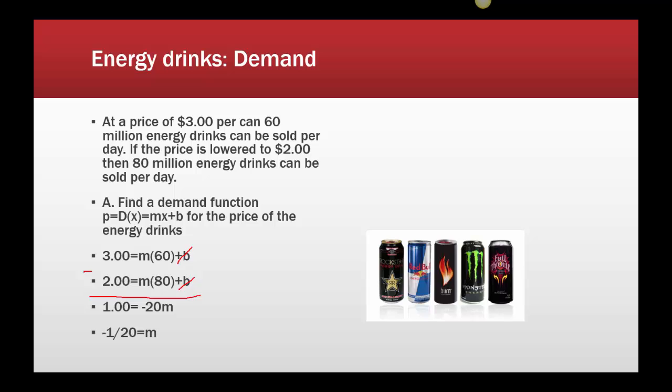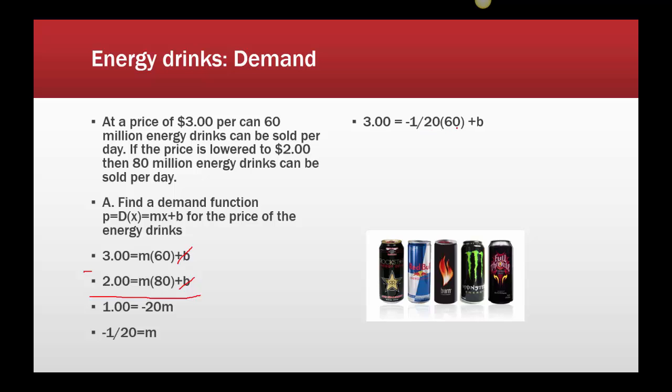All right. If I just bring this negative 1 over 20 over to the left side, I'm dividing, and I get negative 1 over 20 is M. We'll come back to that. All right. I need to find the B. So now that I know M, I'm going to place it back into the equation. So I have 3 equals negative 1 over 20. And I put it into the first equation, obviously.